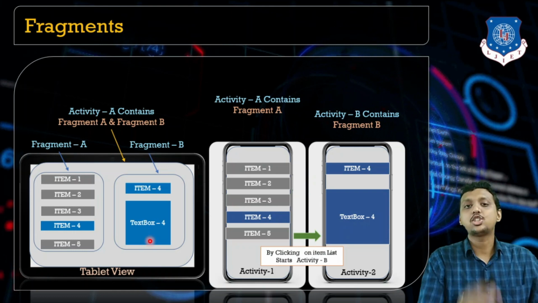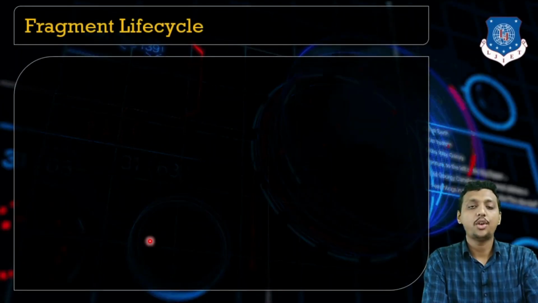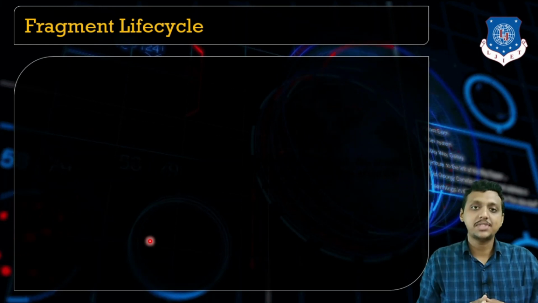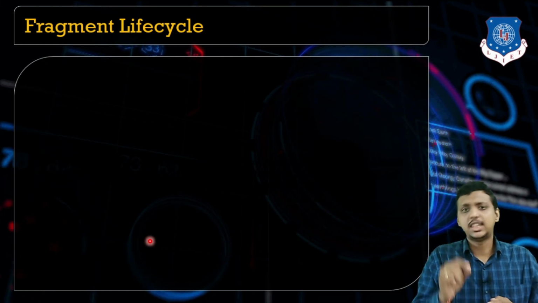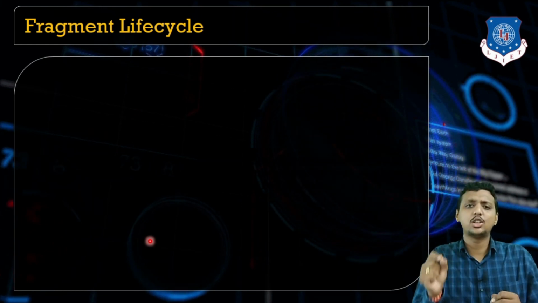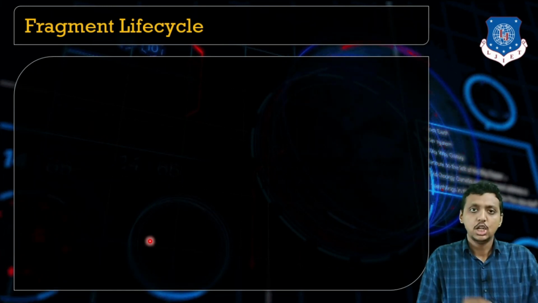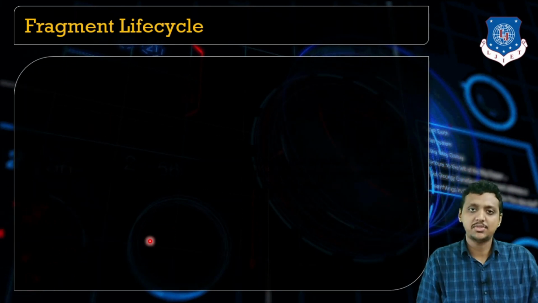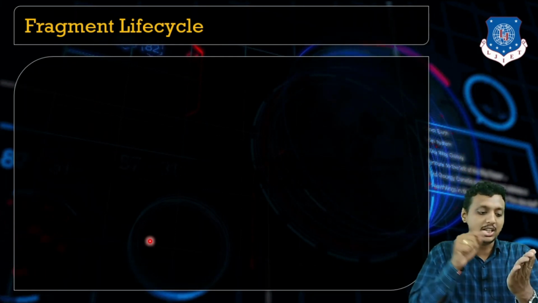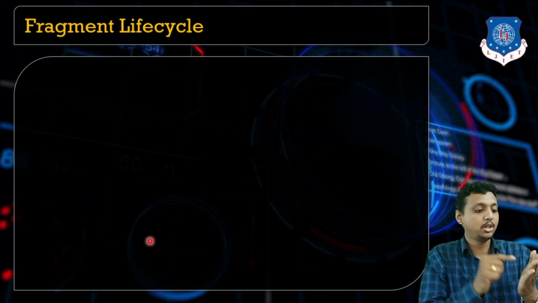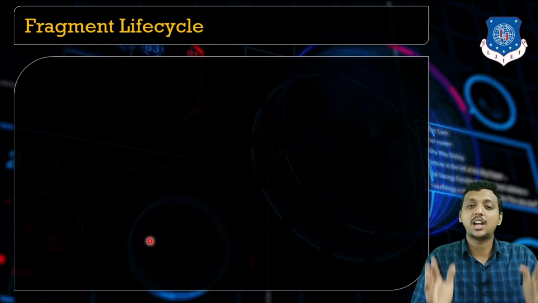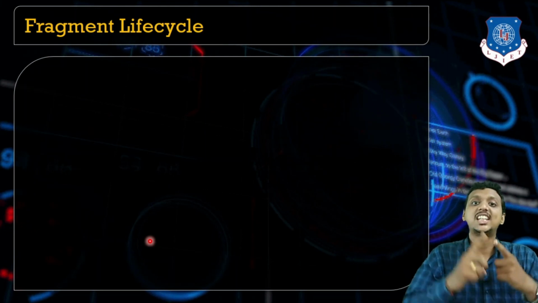Now, let's talk about the life cycle of fragments. Students, do you know about the activity life cycle? If yes, then the fragment life cycle is closely related to the activity life cycle. So, can you tell me the basic steps of the activity life cycle? When you click on the launch icon of your smartphone, your activity gets started, but first it is created.